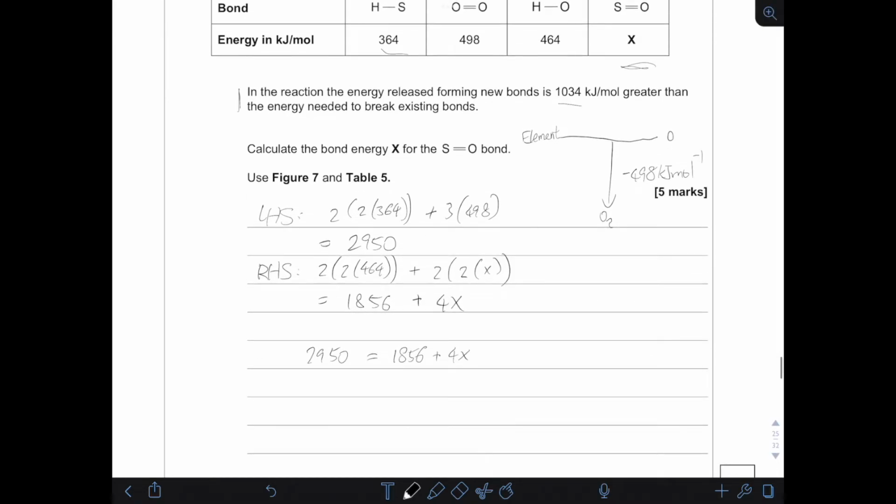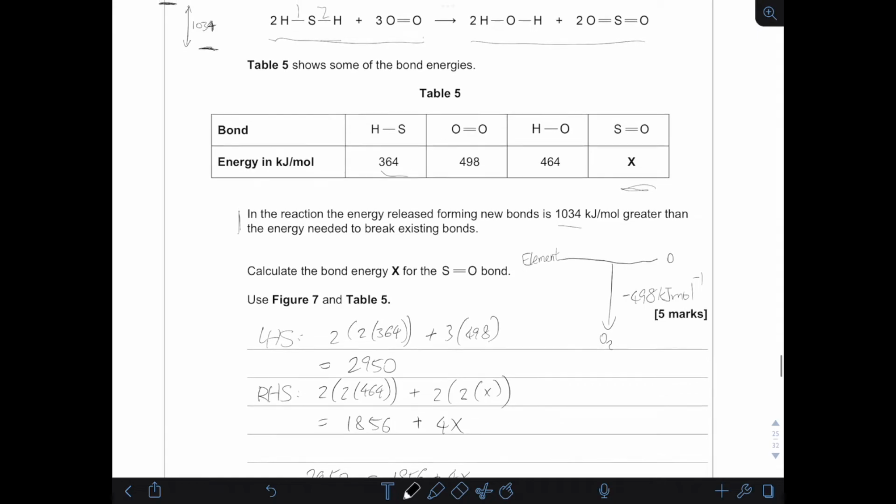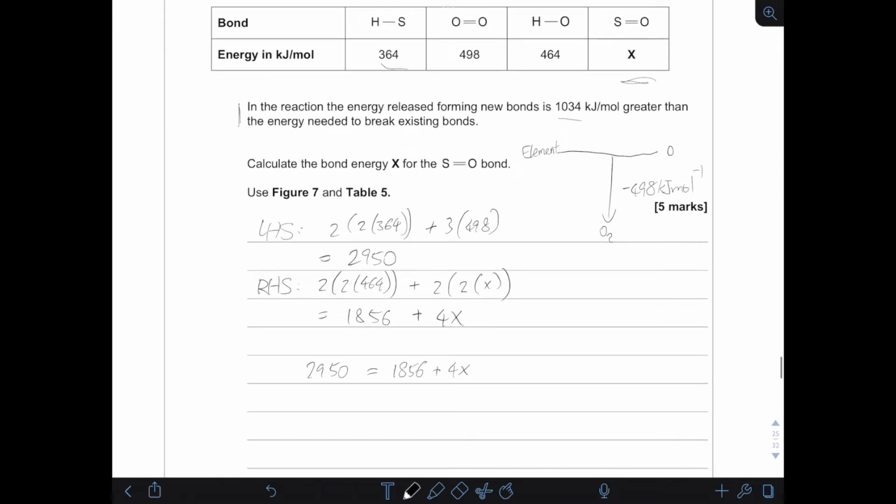For this particular case, we have gone from 0. On the left hand side, we need to go down by 2950, and we need to go down 1856 plus 4x to the right hand side.